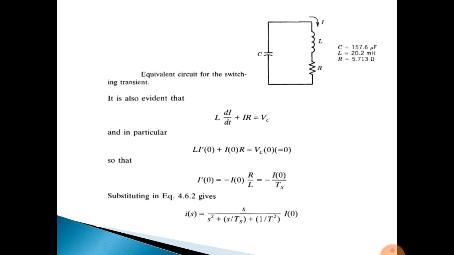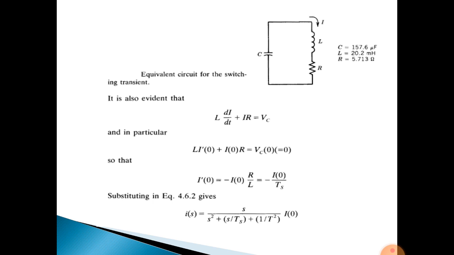So we find the voltage equation. Vc is equal to L into di by dt plus IR. Vc is the voltage across the capacitor, and in particular L into I dash of 0 plus I of 0 into R is equal to Vc of 0.